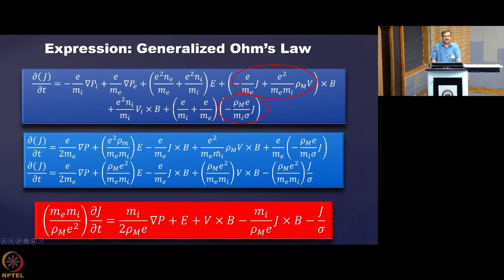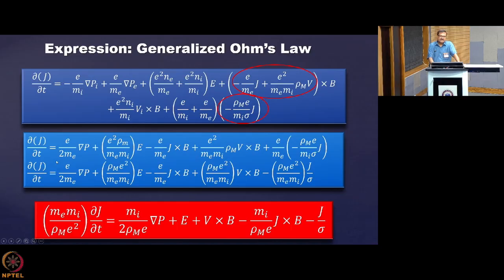The other one, this rho m term, is the same thing: whenever we are dividing something by mi and something by me, the relative importance of that term becomes very less compared to the other term, so we can neglect it. Exactly the same thing we have done over here. So this is V cross B, and then this is the term.